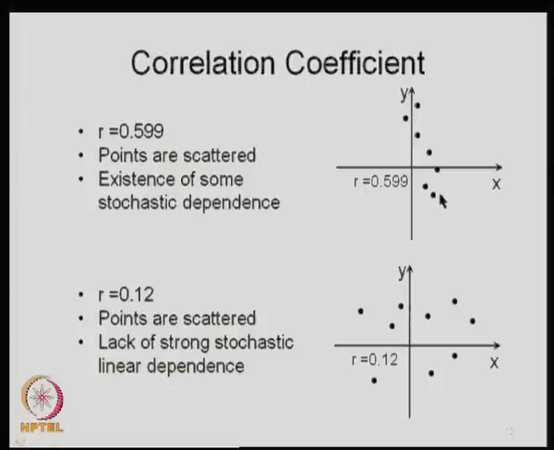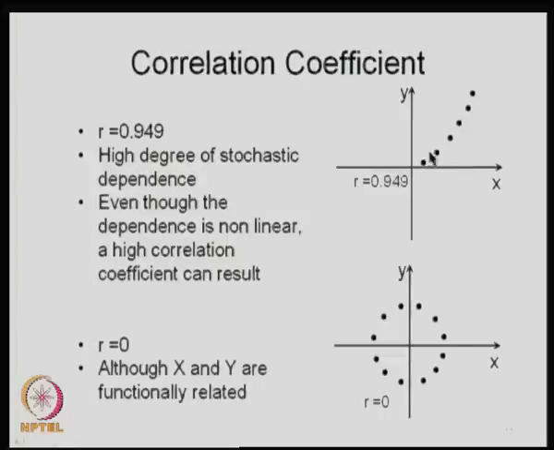Points are scattered to a greater extent than they were here, and therefore, there is a smaller correlation coefficient. If you try to fit a straight line, you may get a better fit for the earlier scatter compared to this one, and therefore, the correlation coefficient is much lower here.